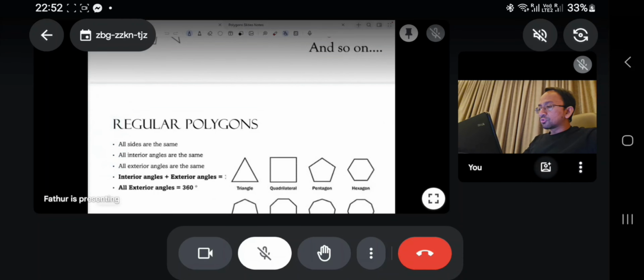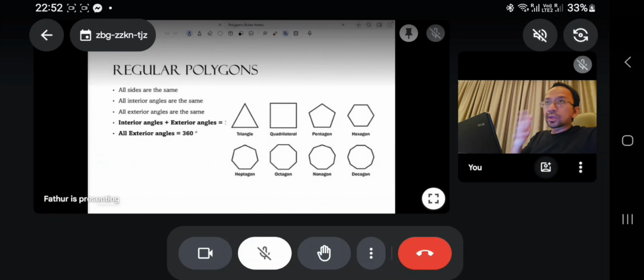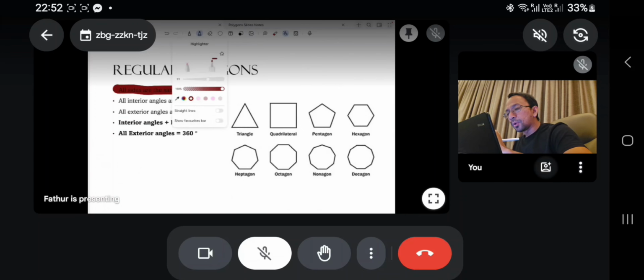When it comes to polygons, you have two things to remember: regular polygons and non-regular polygons. Regular polygons means all sides are the same. That's what you know as a regular polygon.